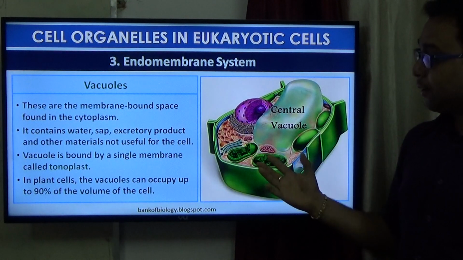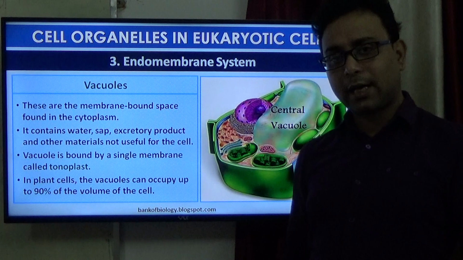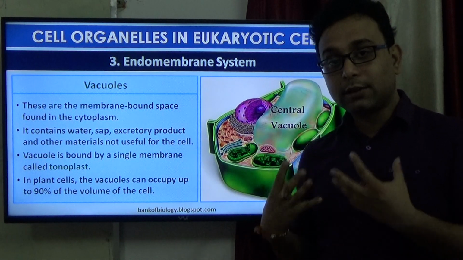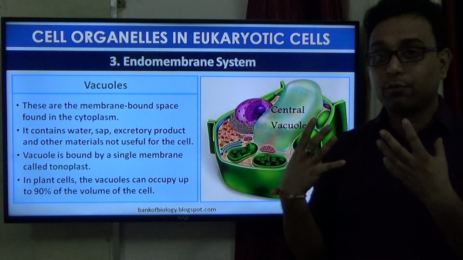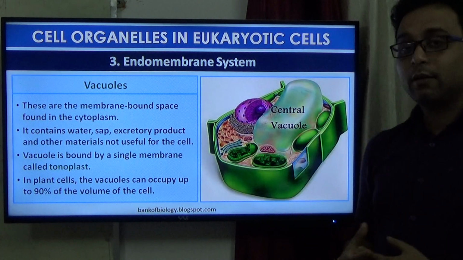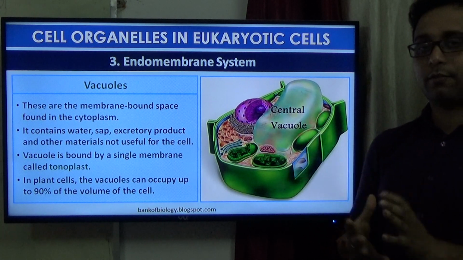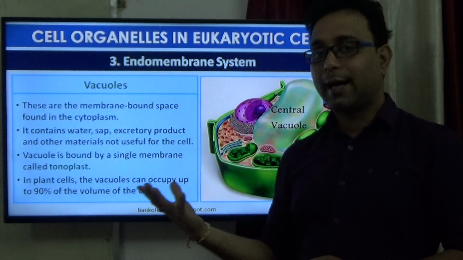In the plant cell the vacuole can occupy up to 90% of the volume of the cell. Why? Because the plant cell is the site of food production, where the food is produced and stored in the vacuole. So the plant cell has a large vacuole compared to the animal cell.